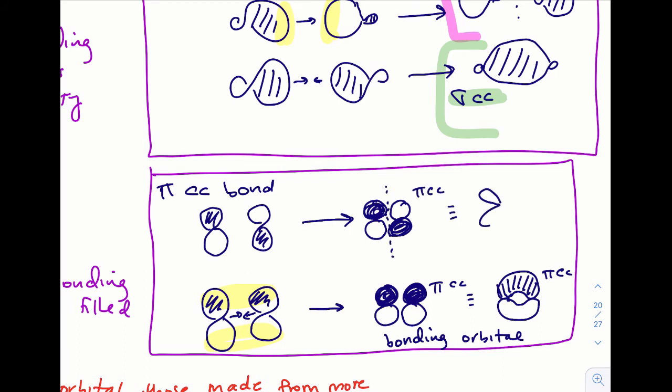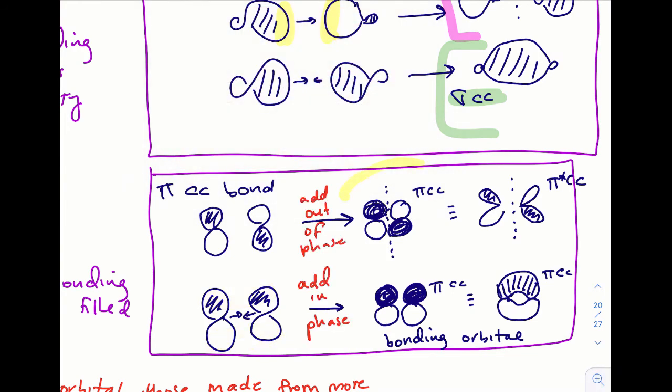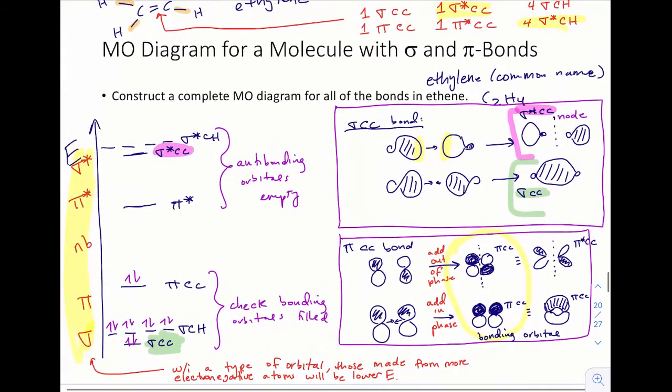Or you can draw the butterfly, which attempts to show how the two orbitals have canceled out in between the two nuclei. So we can add the node there. Either representation is fine. These two cartoon molecular orbitals represent the pi and pi star CC molecular orbitals.